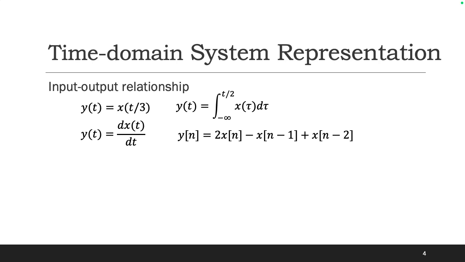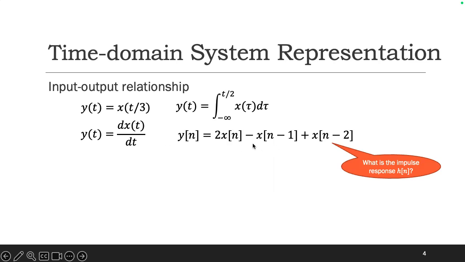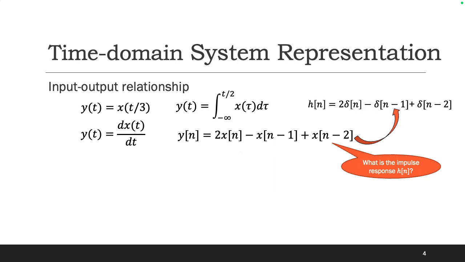Okay, let me ask you a question. What is the impulse response for this system? It's just like a 2 delta n. The output equals xn convolution with hn, am I right?